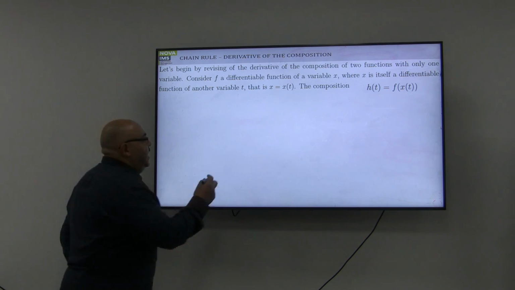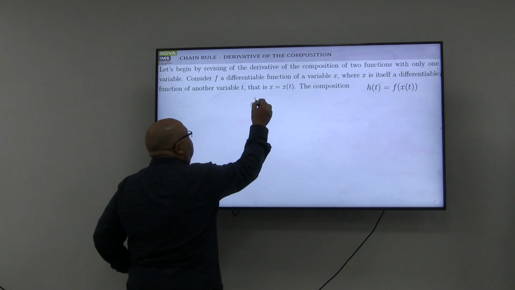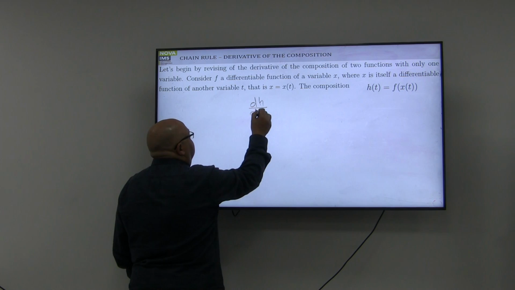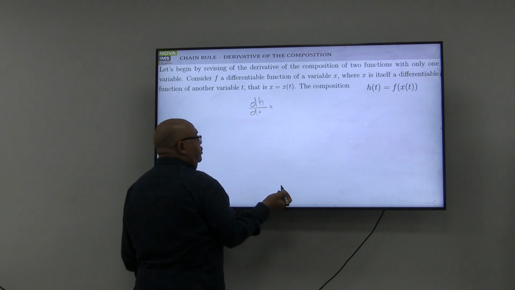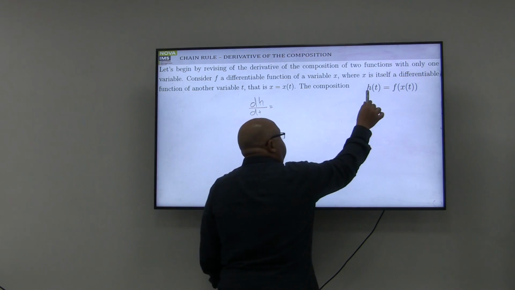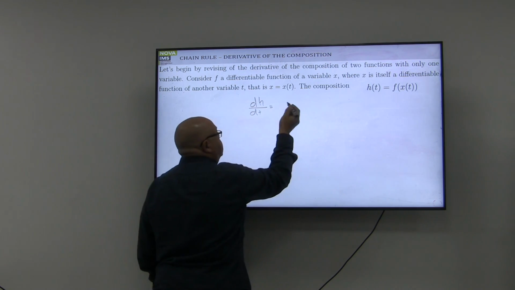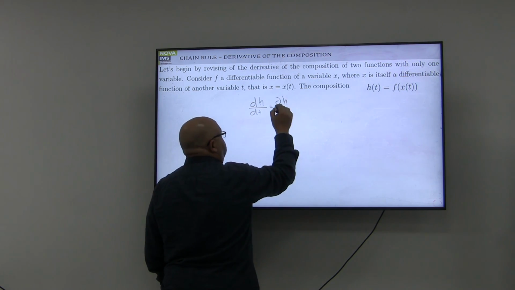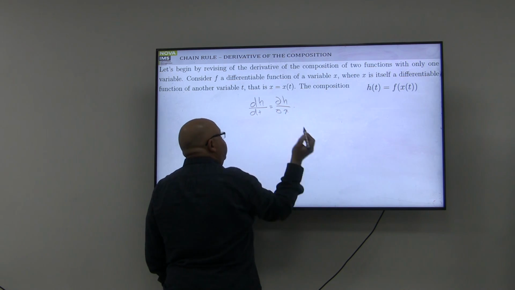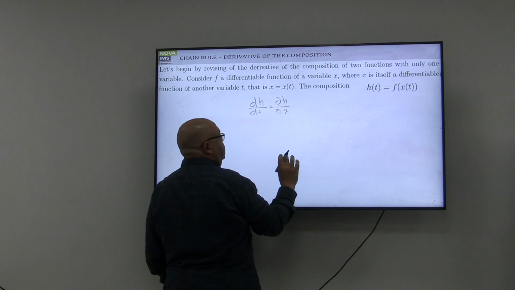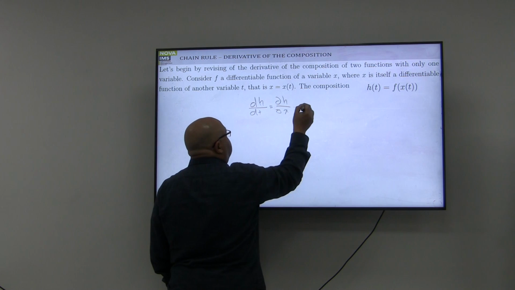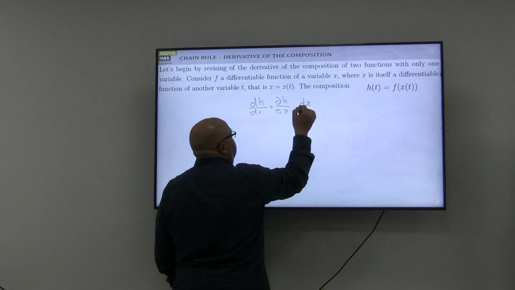So simply, if I want to get dh by dt, all I have to do is to first differentiate h with respect to its variables. So it's going to be partial h, partial x, then I will differentiate x with respect to t, so I will multiply by dx by dt.